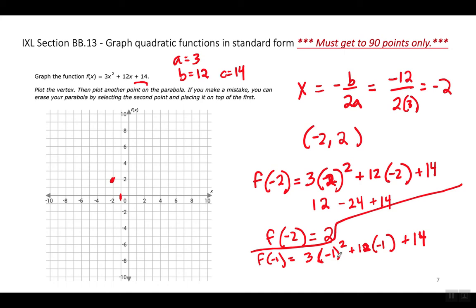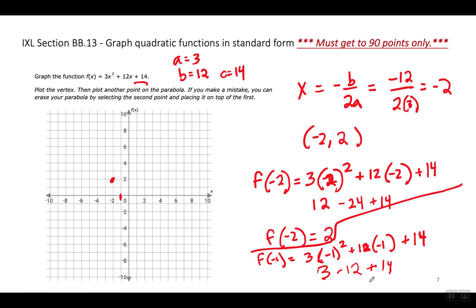Okay, so negative 1 to the second power is positive 1. 1 times 3 is 3. Over here, negative 1 times 12 is negative 12. All right, now if I go from left to right, 3 minus 12 is negative 9.